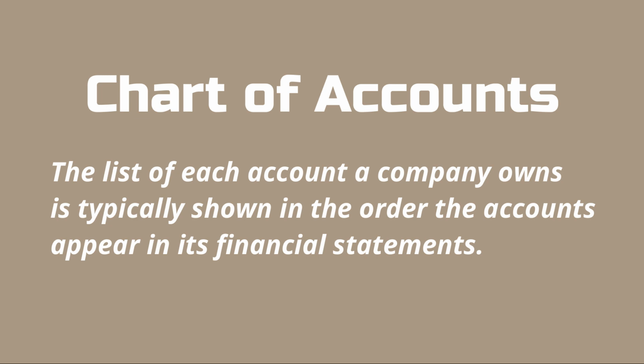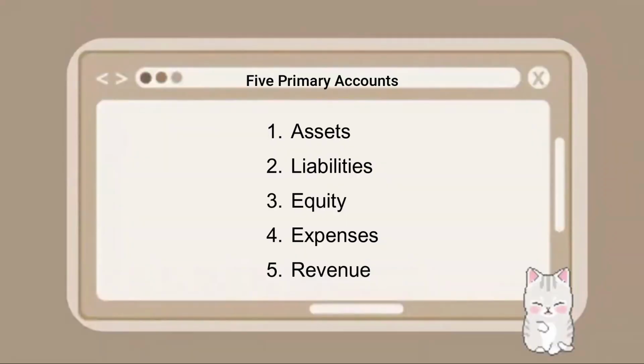That means that balance sheet accounts, such as assets, liabilities, and shareholders' equity, are listed first, followed by accounts in the income statement, such as revenues and expenses. A typical chart of accounts has 5 primary accounts. These are the assets, liabilities, equity, expenses, and revenue.